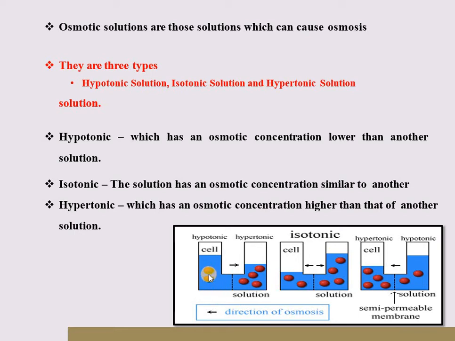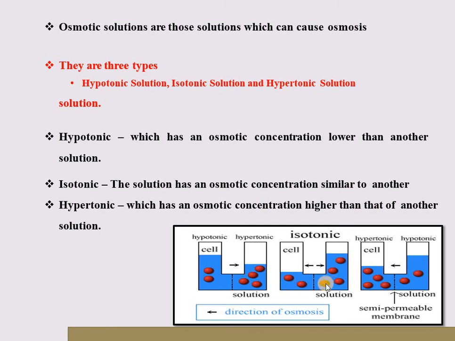In this picture, this is the cell. Here, on this side you see the concentration is hypotonic and this side it is hypertonic. So the movement of molecules will happen from the hypotonic to the hypertonic solution in case of osmosis.